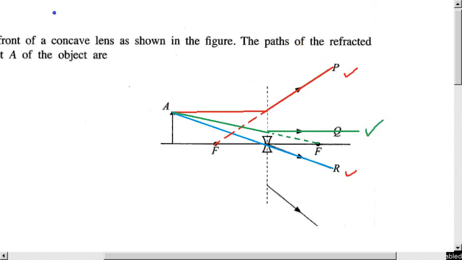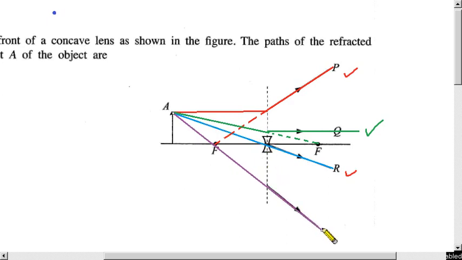So let us try this. Those are the 3 rules, that's all. There are no 4 rules. So this ray, what has happened? It goes directly straight without bending, but it is not a ray that falls on the optical center.